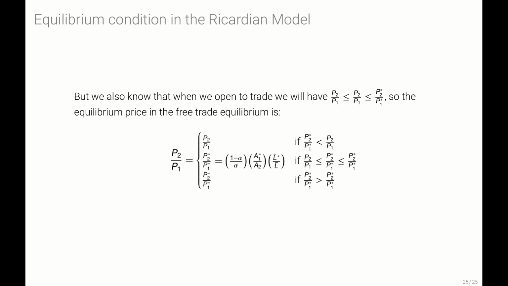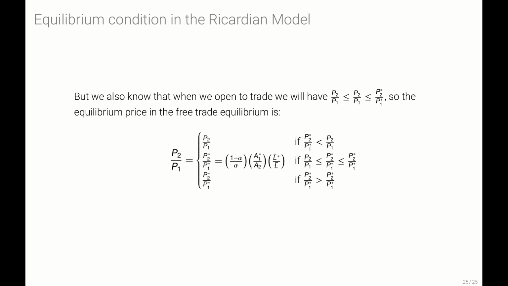It might be the case that the world price might not be strictly in between those two prices, and so one country, when it opens up to trade, faces world prices that are exactly equal to its autarky price. In which case we would never have equilibrium world prices less than one country's autarky price, and so this reflects that.